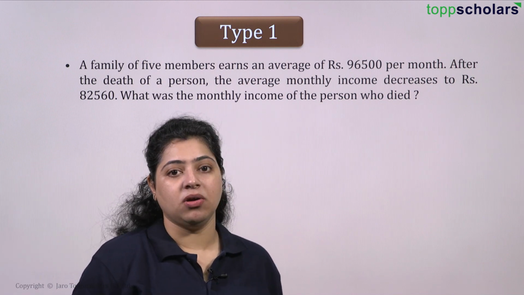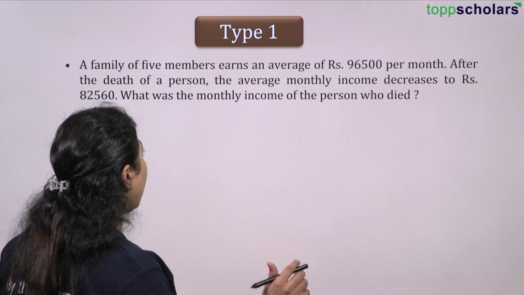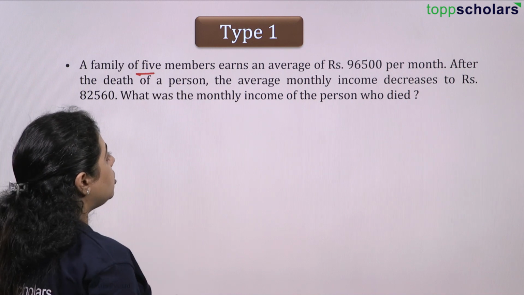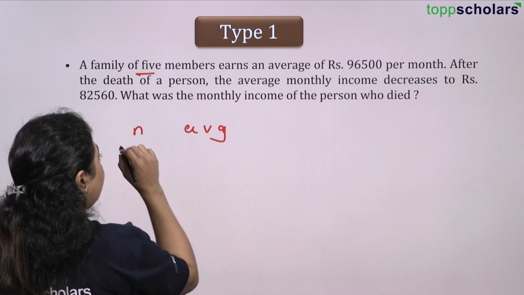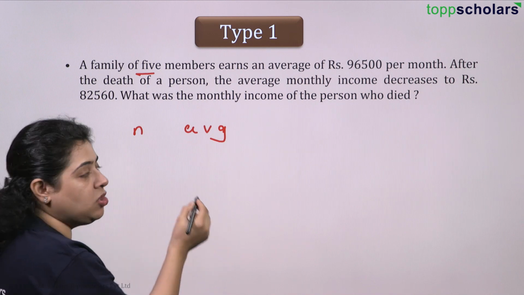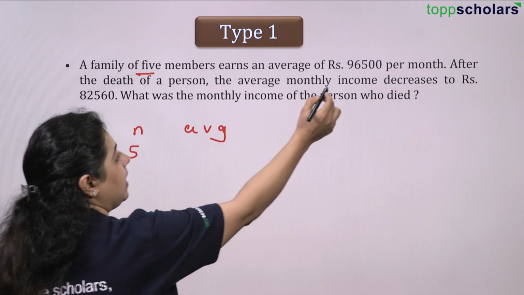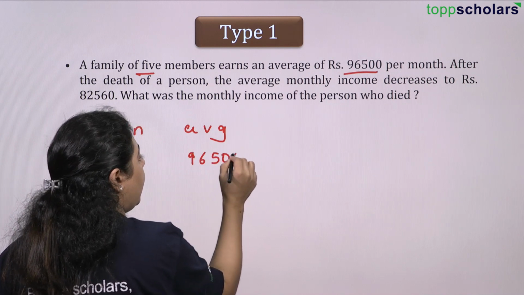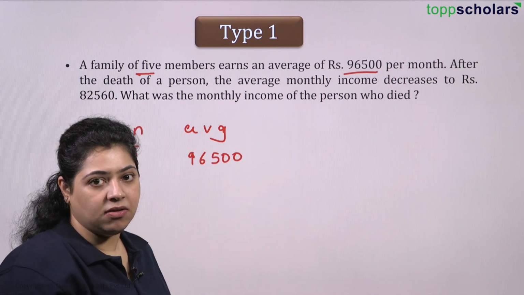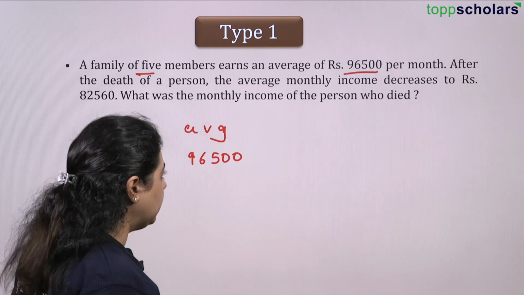Okay, now a scenario where we are given firstly the average of 5 members. So what we can say is n and the average. We know n is the number of people, so we have 5 people here and their average is 96,500. Now there is a death in the family and a person decreases.